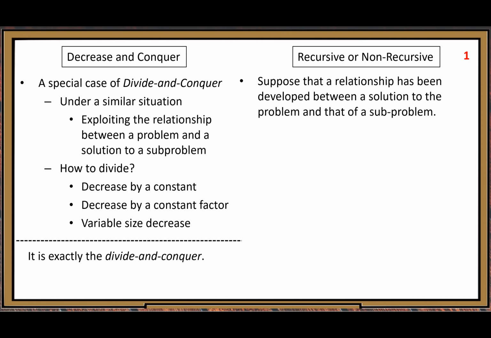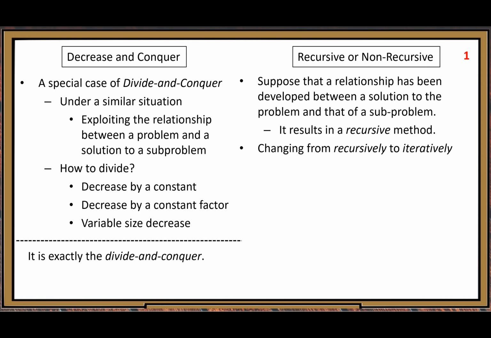We don't want to avoid them. The relationship you exploit results in a recursive method. But sometimes you can change from recursive to iterative.